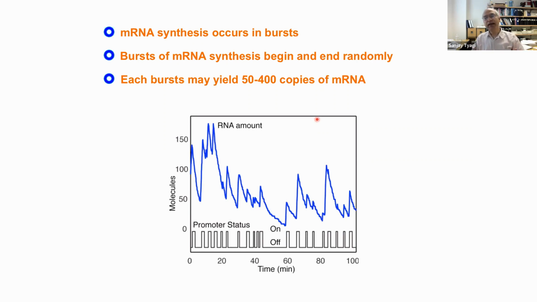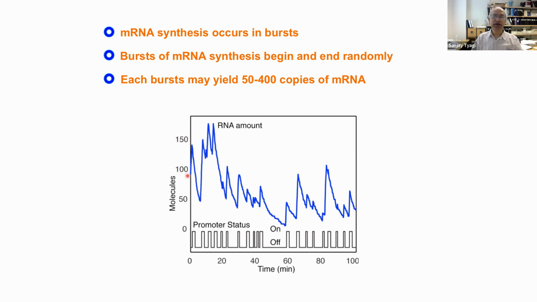mRNA is not made in a continuous and steady stream. It's actually being produced in some kind of bursts. So you make a burst of RNA, hundreds of copies within a few minutes, and then the gene comes to a stop. It doesn't make more RNA for a while. And during that period, RNA decays, and then a new burst takes place, and then it will decay.